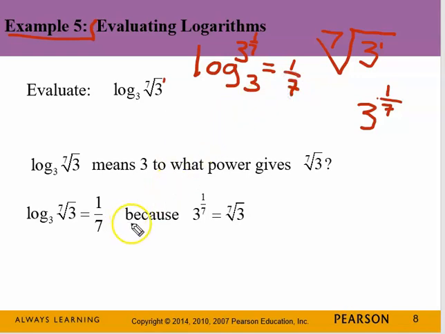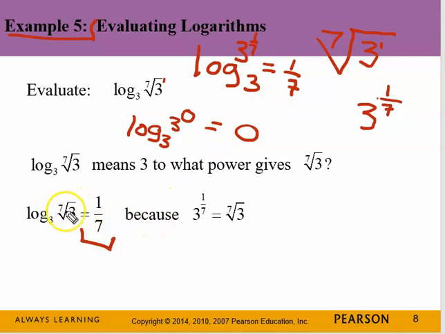Now we had mentioned that this configuration, log base 3 of 3, is actually a 1. And then whatever exponent is up here, that is what the answer will be over there. So our exponent is 1/7. So this answer becomes 1/7, converting this from its radical form to its exponential form.